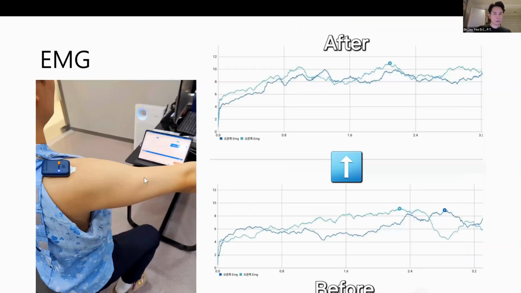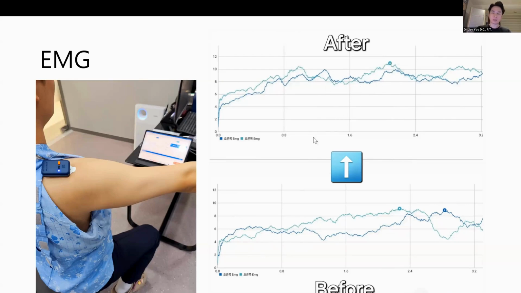After that I have a machine with a key implant. It's an EMG machine. So I check the EMG of the supraspinatus before the WINBACK exercise and after the WINBACK exercise. As you see, the graph moves around 4 to 8, but after exercise it goes to 8 to 12.